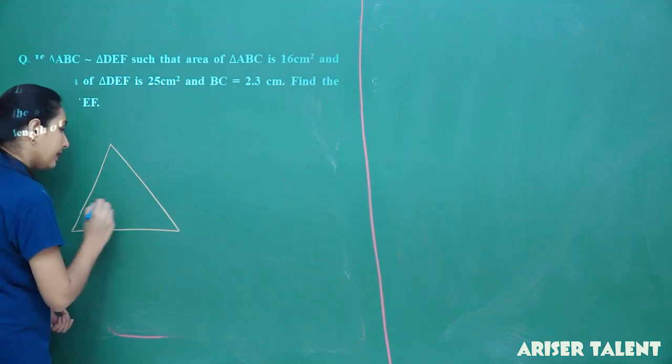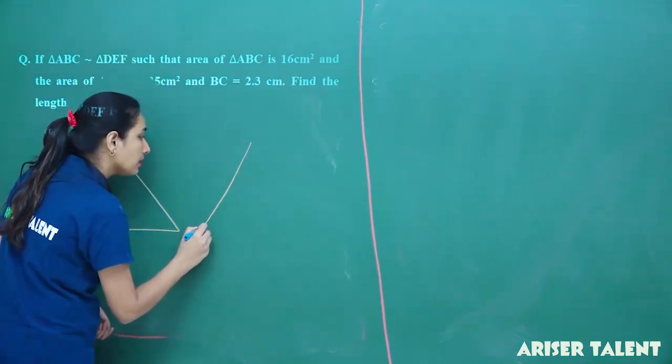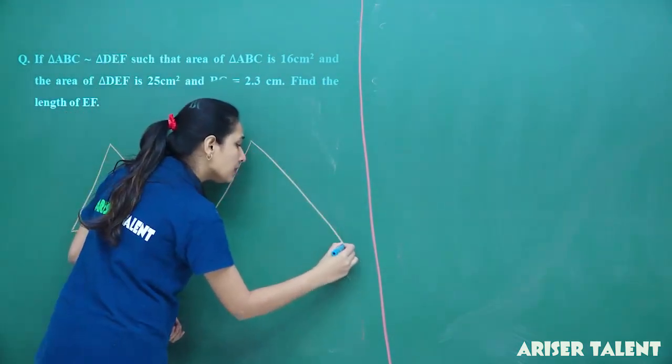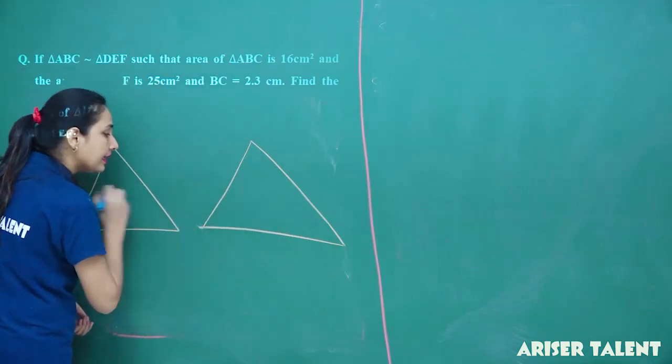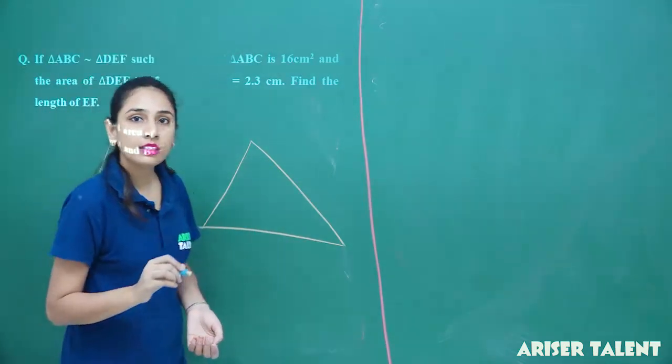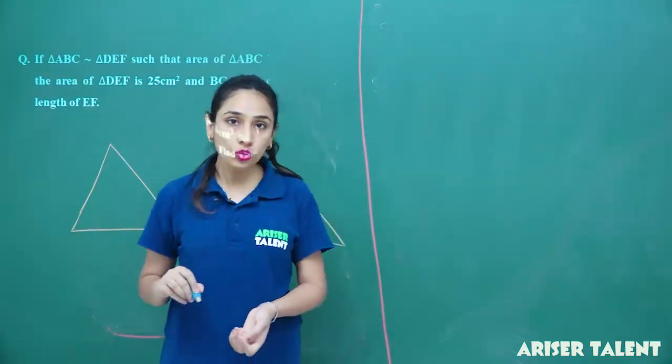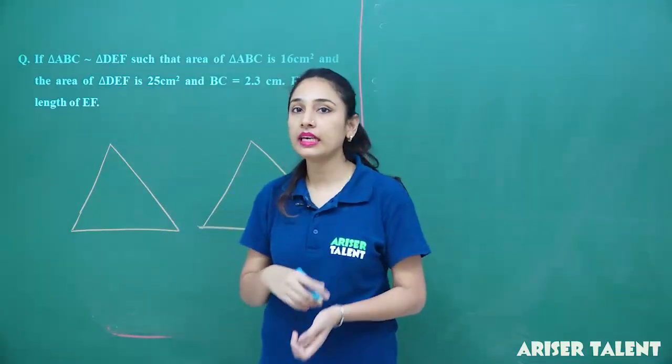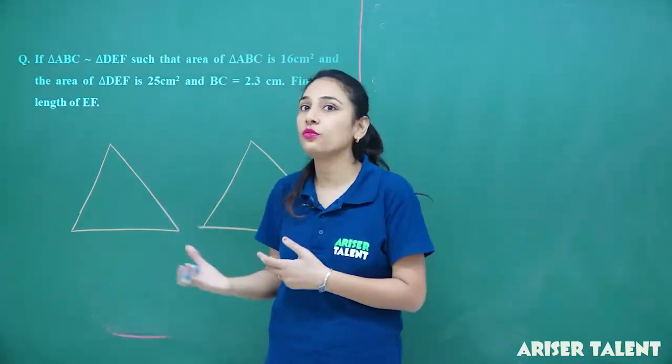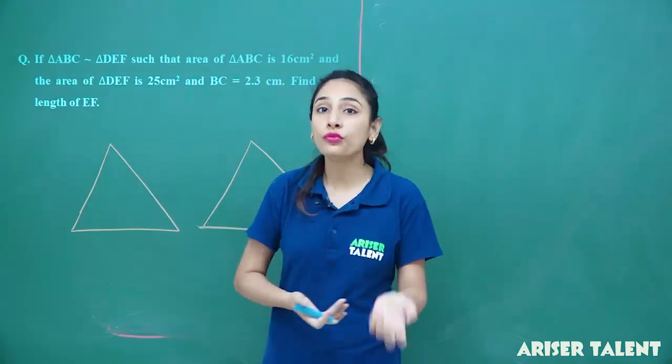I have told you that whatever you are asked, you have to first draw figures, then write the given things, then what you have to prove, and then start the procedure. In this case you can write what you have to find out.